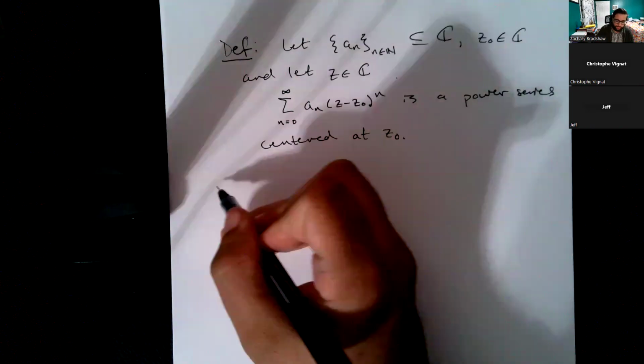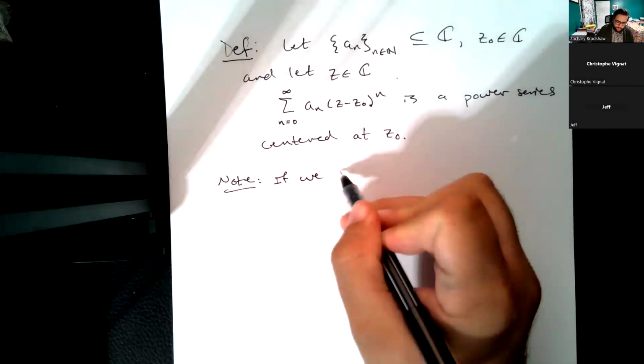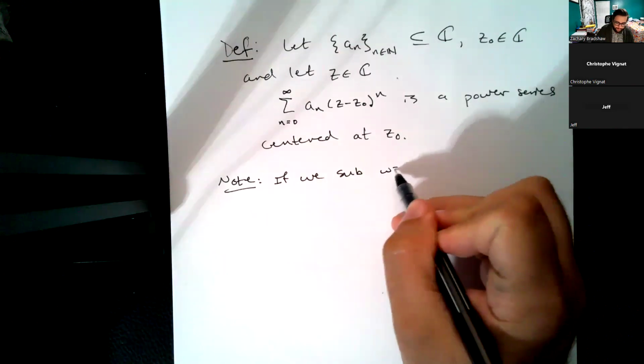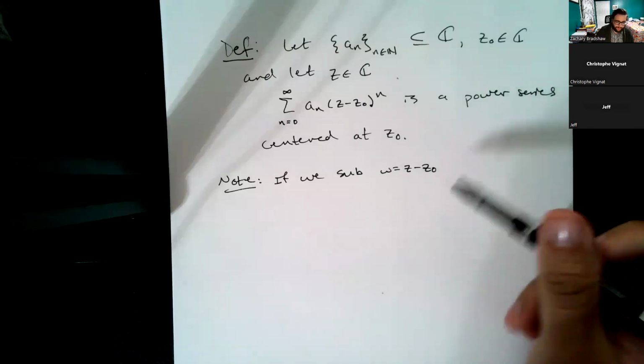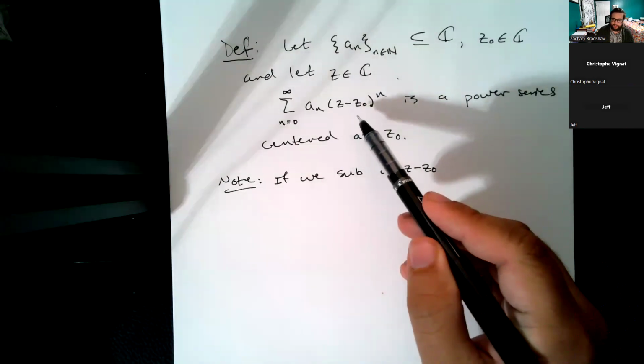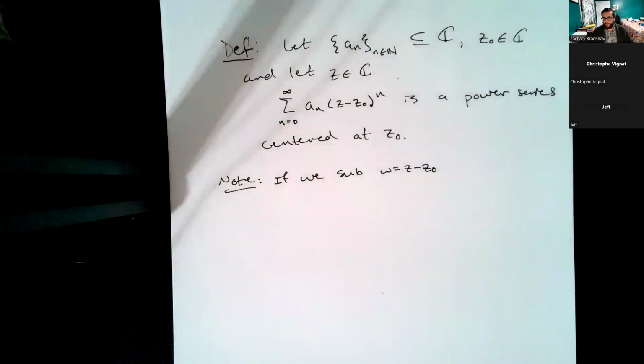So just a quick note, if we substitute w equals z minus z0, then we can always reduce this to a power series around 0. So basically you're shifting the origin, which is fine.